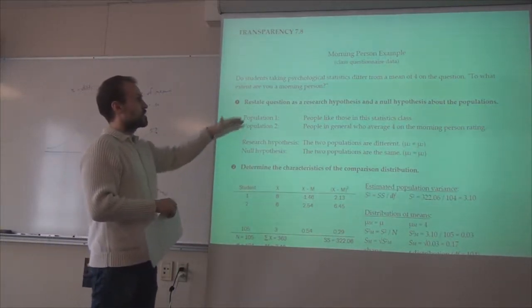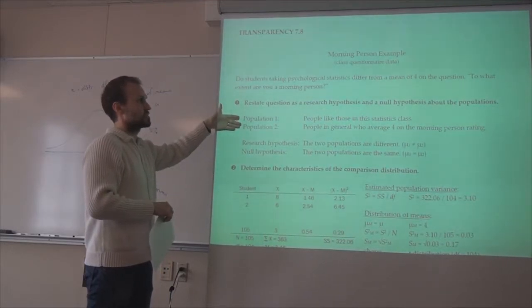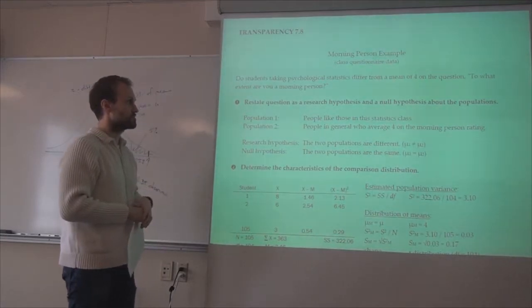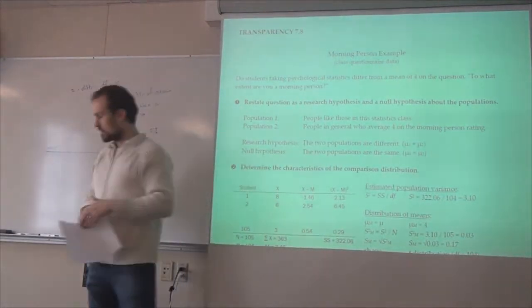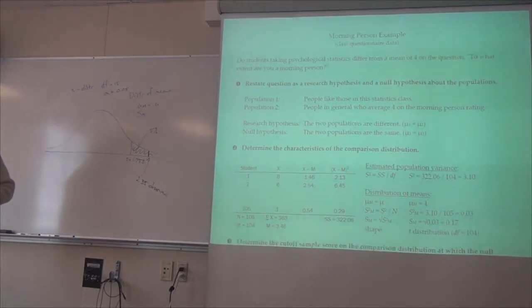So I look at the population of people in the class versus the population of everyone else that has an average of 4. I'm trying to see, is our class different from the population in general?